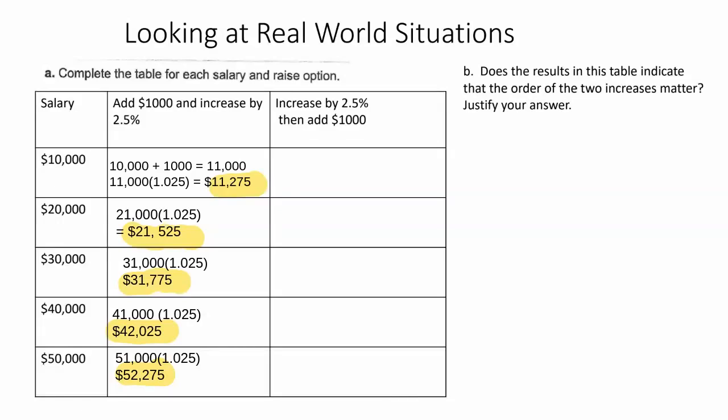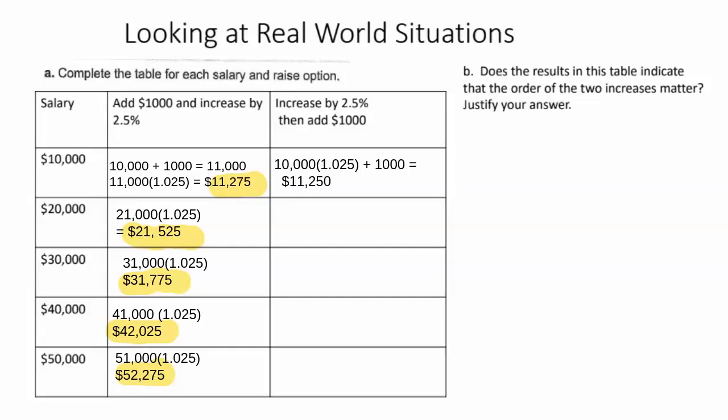Now, we've got to do column B, but this is slightly different. Now, this is saying I'm taking $10,000 and I am multiplying first and then adding $1,000. Well, if I take 10,000 and multiply by my multiplier of 1.025, I am going to get $11,250.